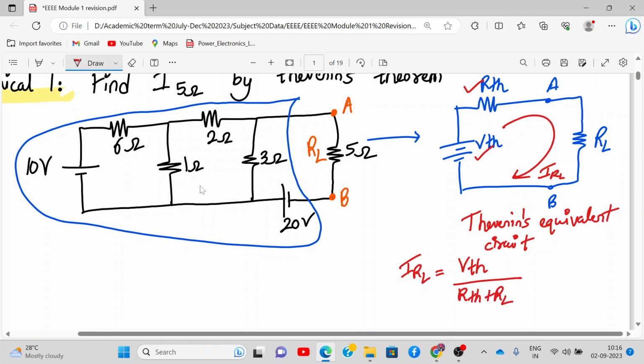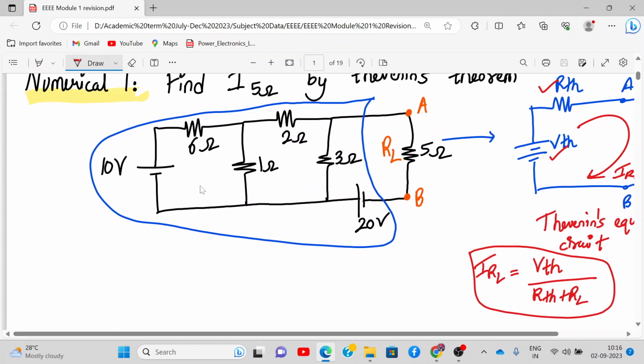Is that correct? Yes or no? Simple, current is voltage divided by resistance, right? So now what we are saying is let's calculate the value of RTH and VTH. Then we'll make this circuit again and find the current through 5 ohm resistance. Is that fine? This is the theorem. Till here, any doubt?